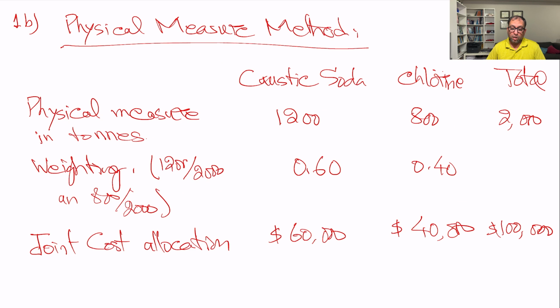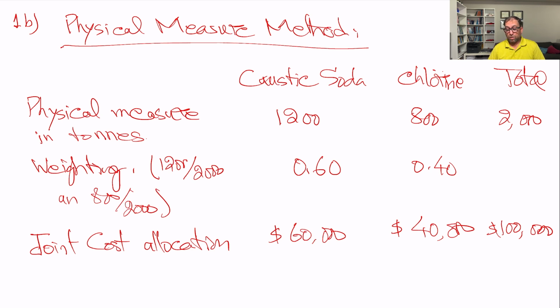So this is our physical measure method, in which we add up the overall total output and divide each product's output by the total output, measured in a physical measure like kilograms, liters, tons, whatever it is. You remember that it is important that the measuring unit should be the same for all of these. For that reason, in this question we have the same measuring unit.